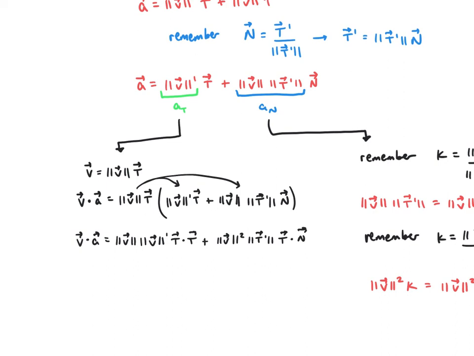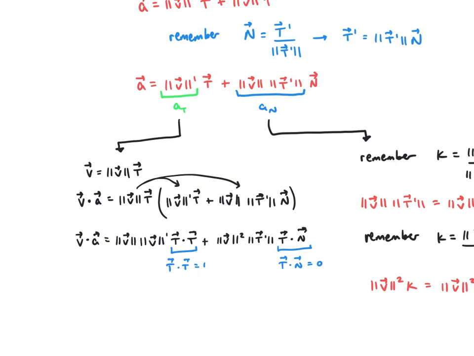Now, we can actually simplify a great deal of this. T dotted with T is actually 1, and T dotted with N, if you remember the fundamentals of this, these are perpendicular by definition, therefore it's 0.